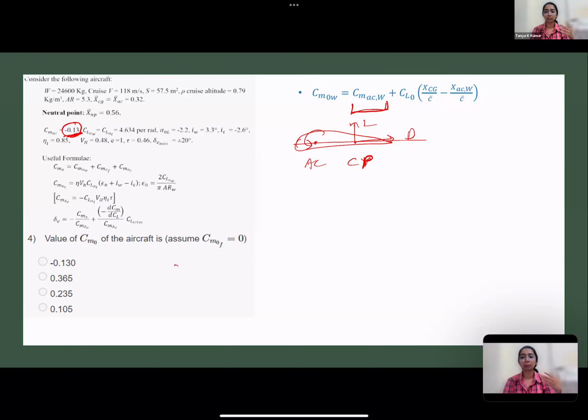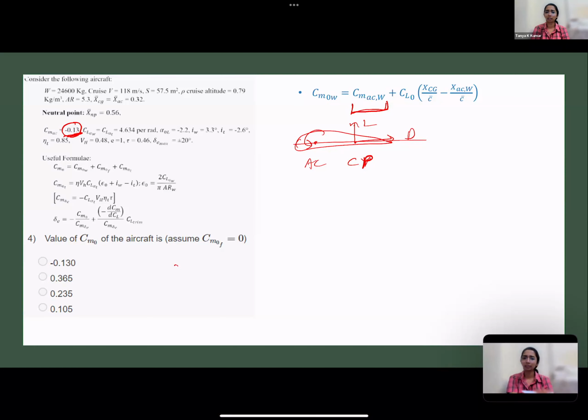Is that moment pitch up or pitch down? Nose up, nose down? Or clockwise, anti-clockwise? What is it?